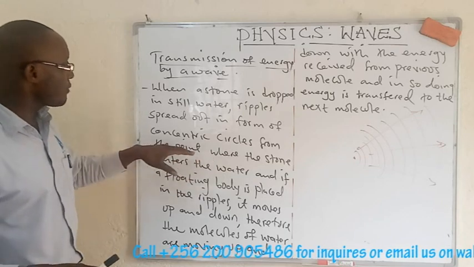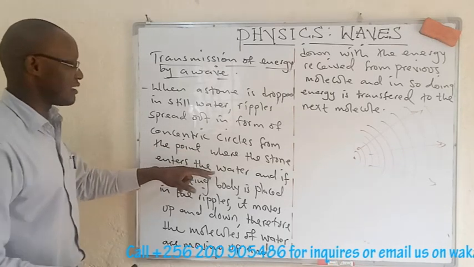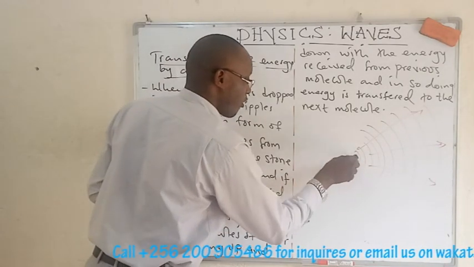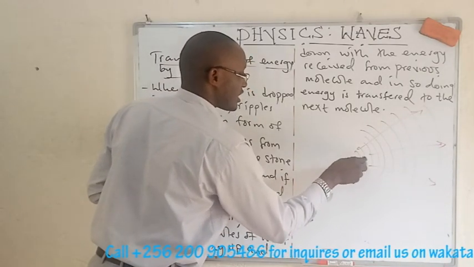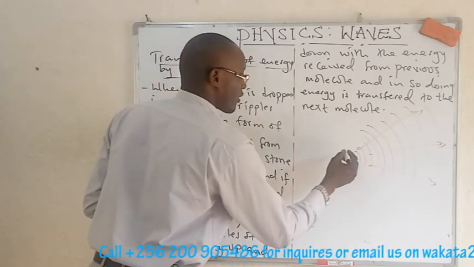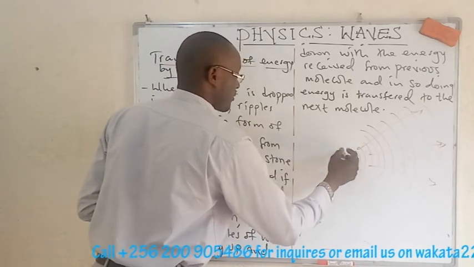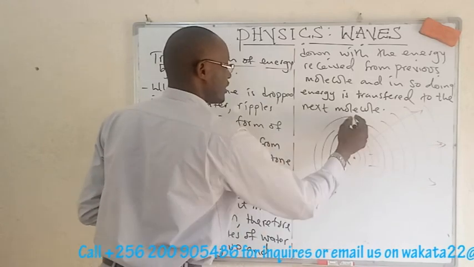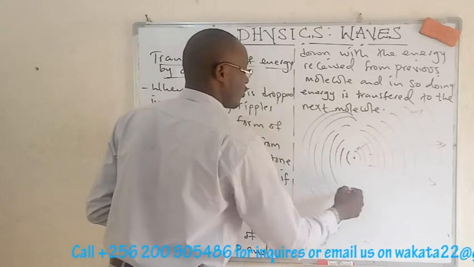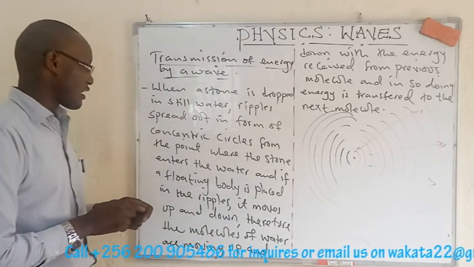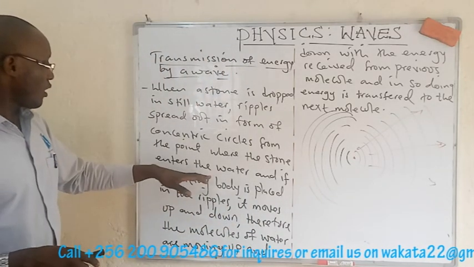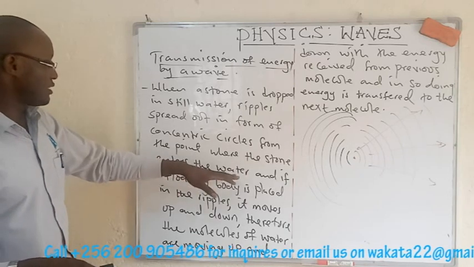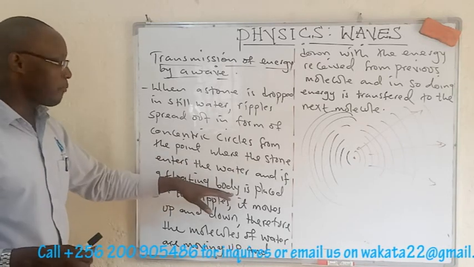From the point where the stone enters the water, you can even see them spreading this side and these ends, and in so doing, they form what we call concentric circles.